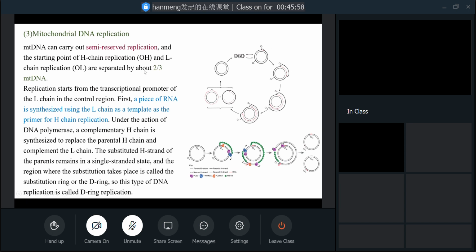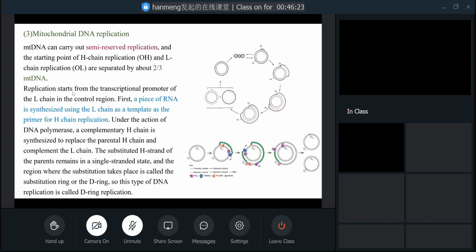So we can see the origin of the light chain is about two-thirds from the origin of the heavy chain of the mitochondrial DNA.